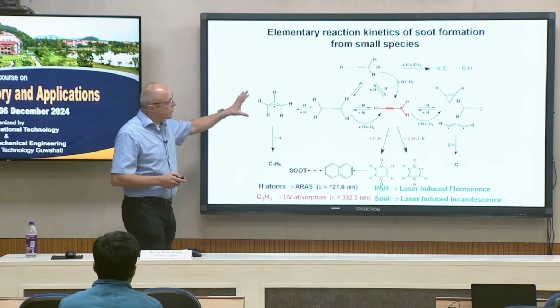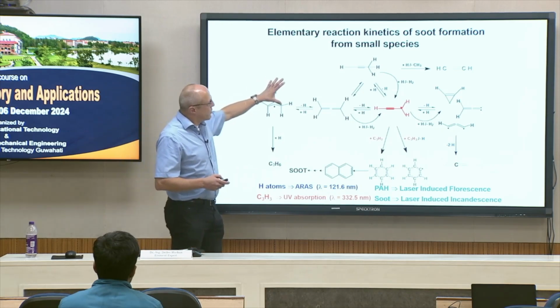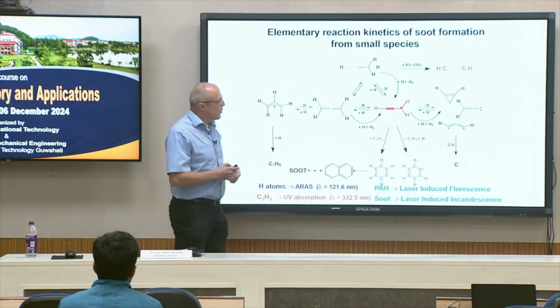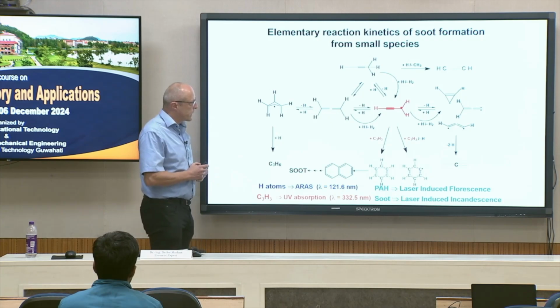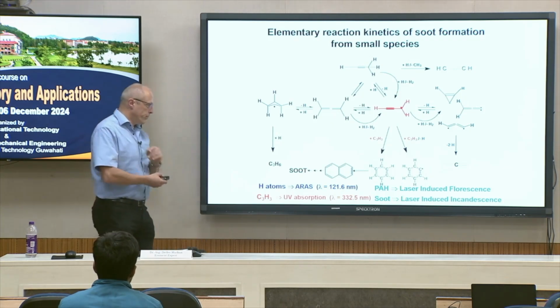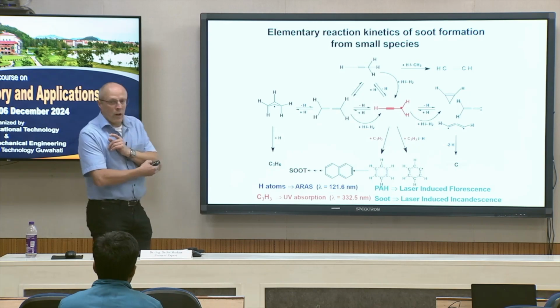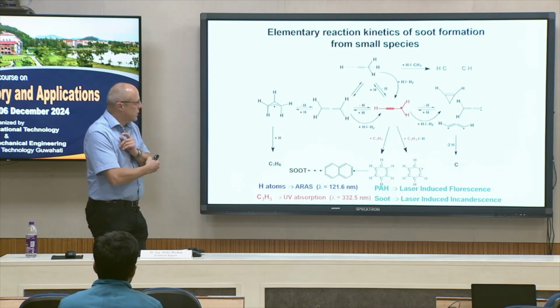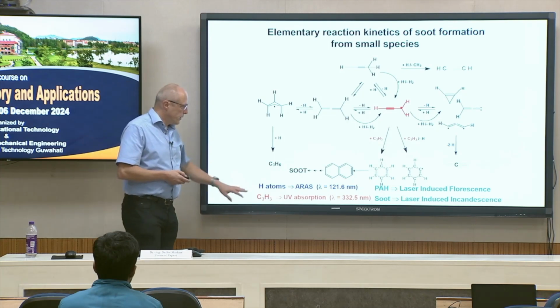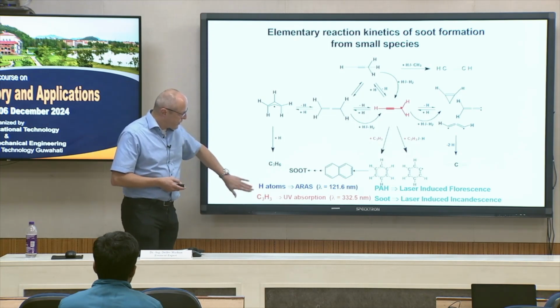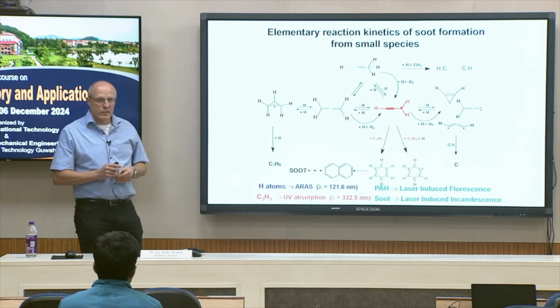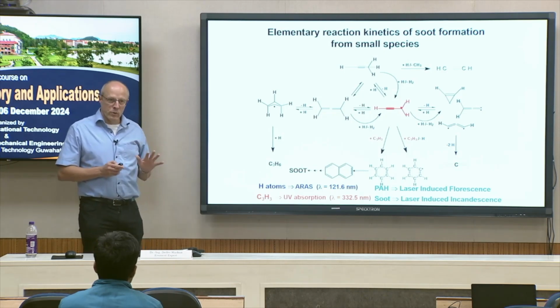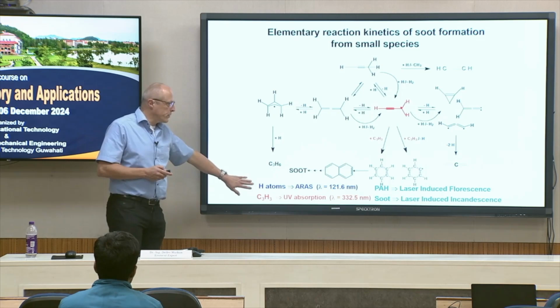So there are then possible assumptions which we can see here. And then the question is, how can we examine this quite complex system? And again, we have the possibility to examine H atoms.